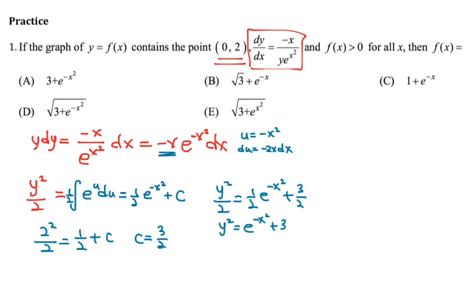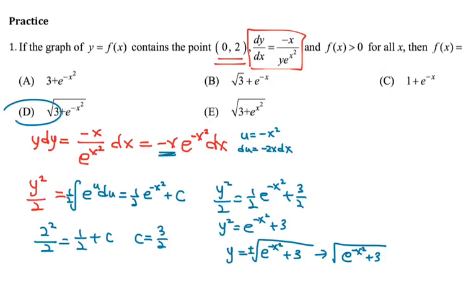Then y must be equal to the square root of, technically it can be plus or minus, e to the negative x squared plus 3. But remember, we have to get positive values, so our final answer is the square root of e to the negative x squared plus 3. And which one will that be? It seems like choice D is the answer here.